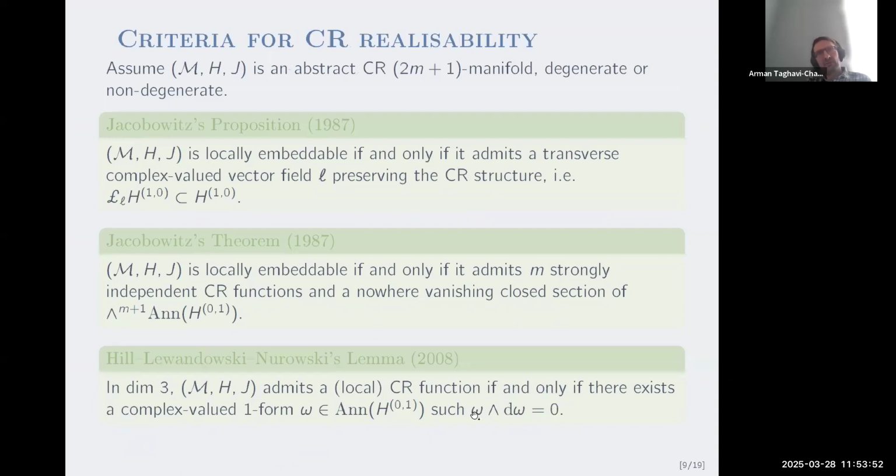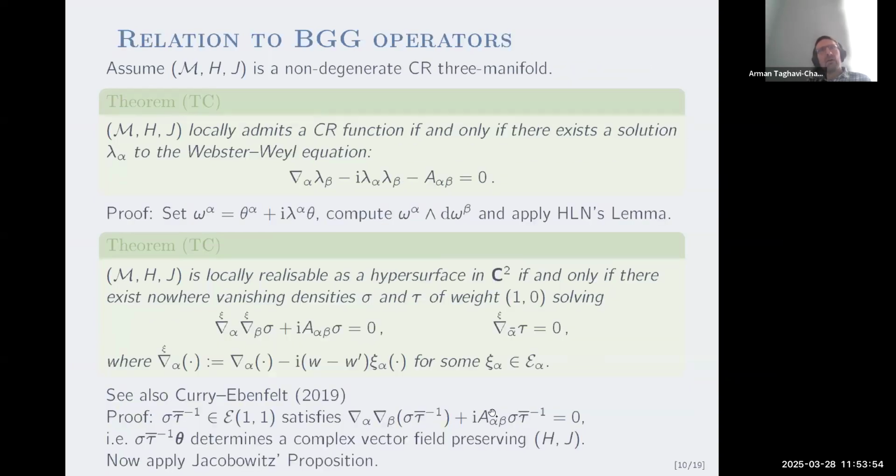I showed that this equation on the complex valued 1-form was equivalent to an equation on a 1-form, lambda beta, that satisfies an equation that I call the Webster-Weyl equation. If you're familiar with the Einstein-Weyl equations, this will look very similar. This is a CR invariant nonlinear differential equation. If you find a solution lambda beta to this equation, then you can find a CR function.